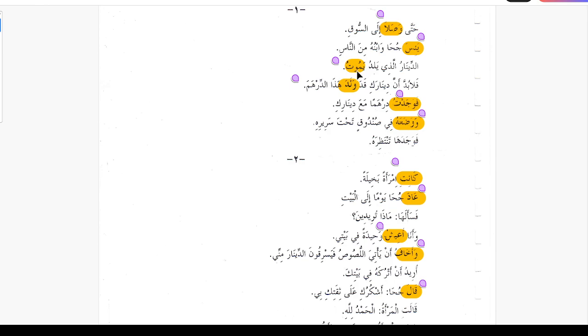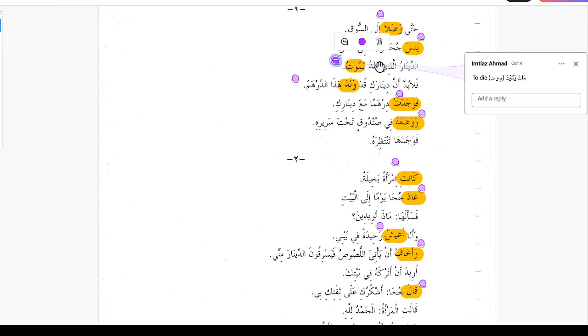Yamutu, dies. Mata yamutu. This is the verb, and yamutu is the present tense. We write mata with an alif, but alif is not a root letter in Arabic words. There is no Arabic word with alif as the root letter. So the root letters are mim, waw and ta, which we can see in the present tense.